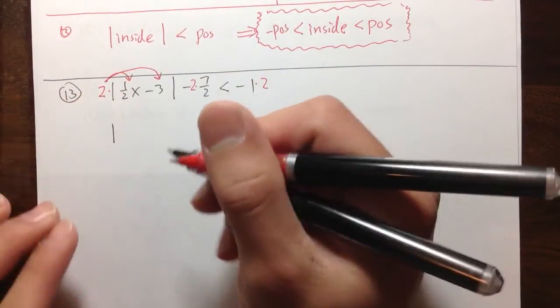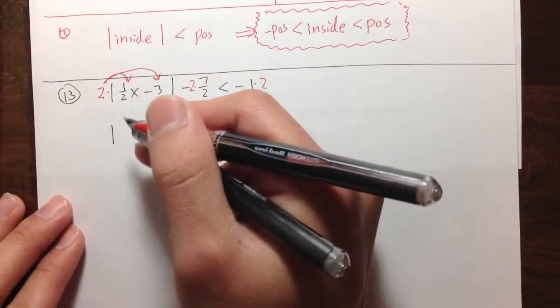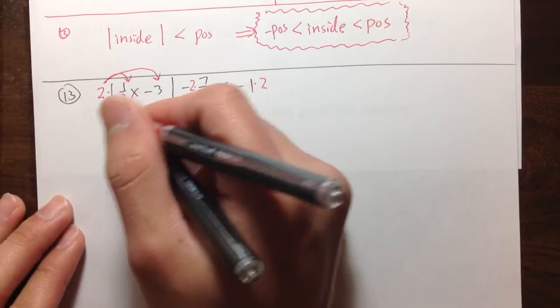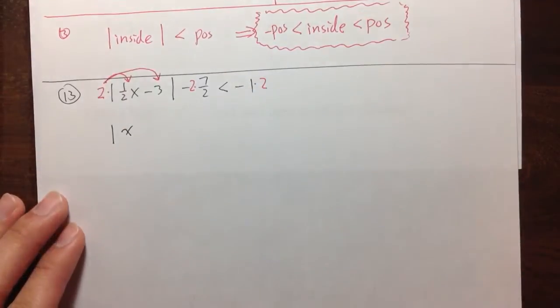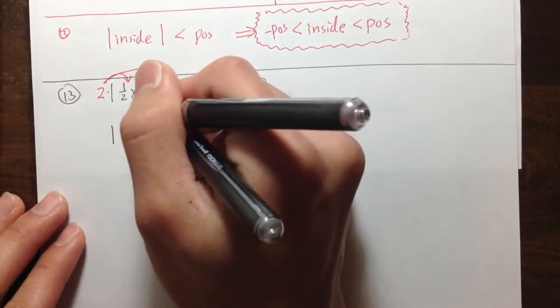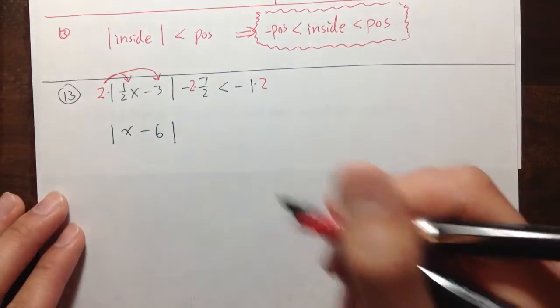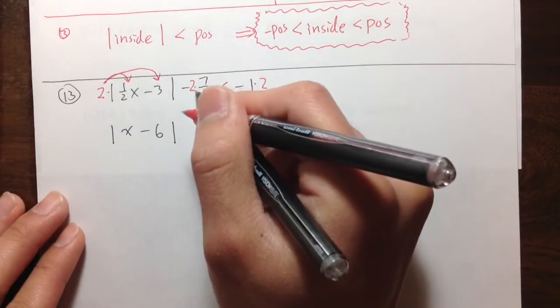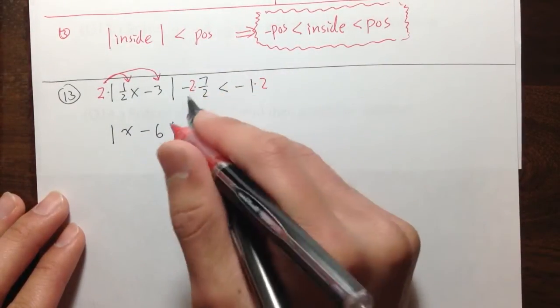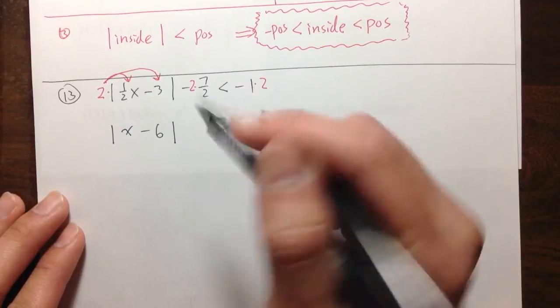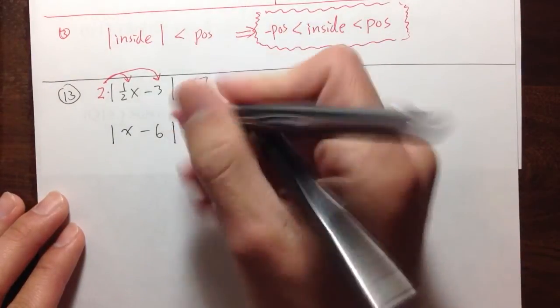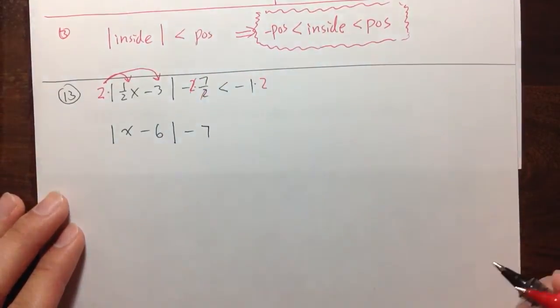2 times 1/2 is just a regular 1, and you have 1x, so you just have x. And then 2 times -3, you have -6. Next, I have minus 7/2 originally, but I'm going to multiply that by 2. The 2 cancels, so you just have -7.